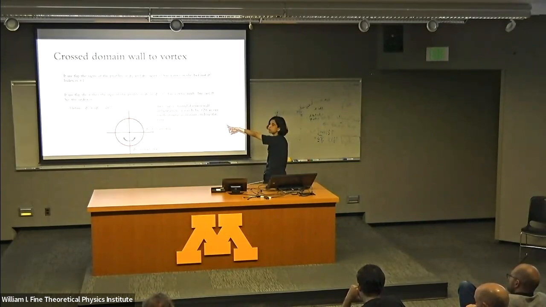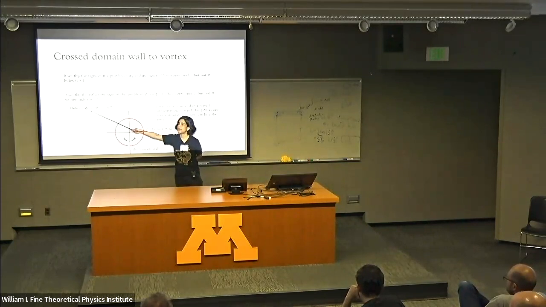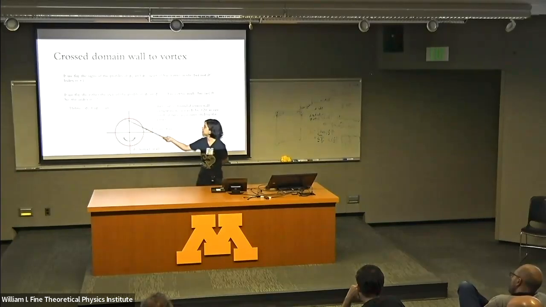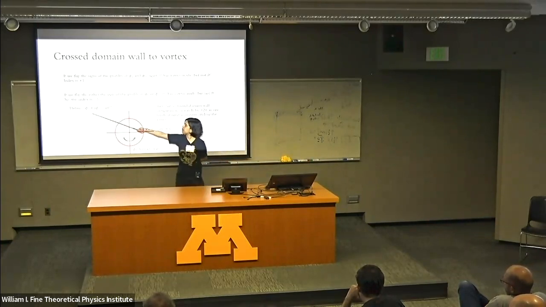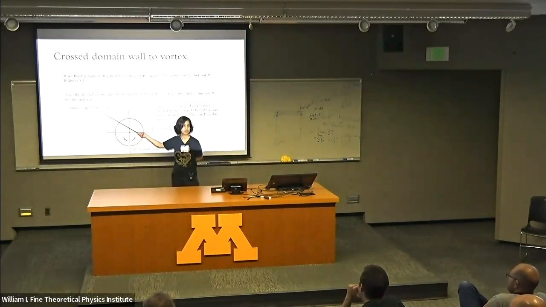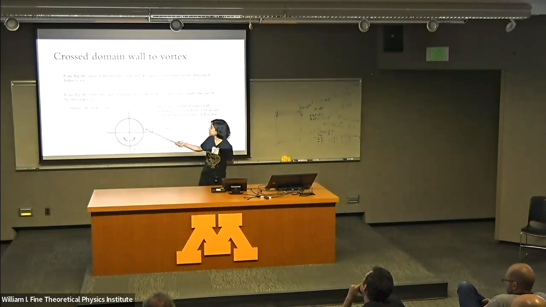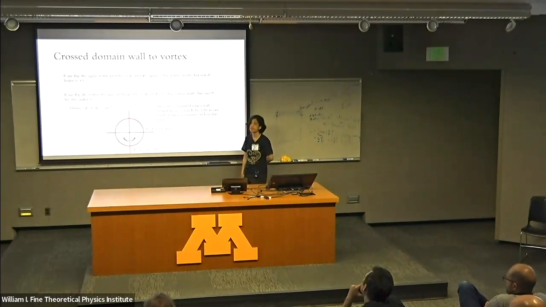There's a simple way of understanding what's going on here. Let's say I take my original phi 1 field and the diagnostic field and rewrite this complex number in terms of a radial component and a phase. If I have a cross domain wall configuration, which is what I showed you earlier, then this alpha has a non-zero winding around that cross domain wall configuration.